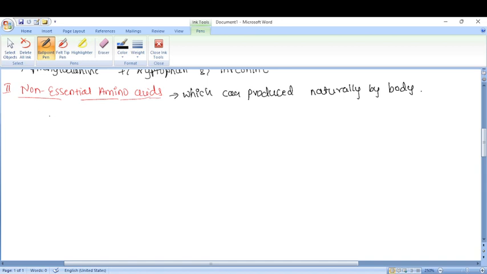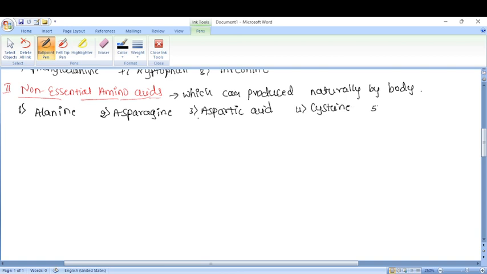We will see the list of non-essential amino acids. One, alanine, asparagine, aspartic acid, cysteine, glutamic acid, glutamine, next one is glycine, proline, serine, tyrosine.